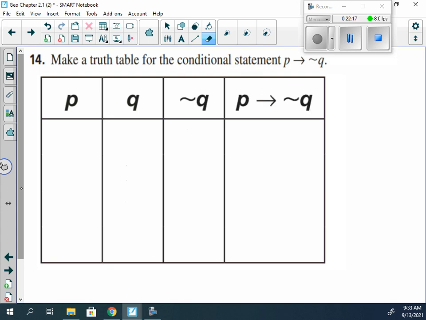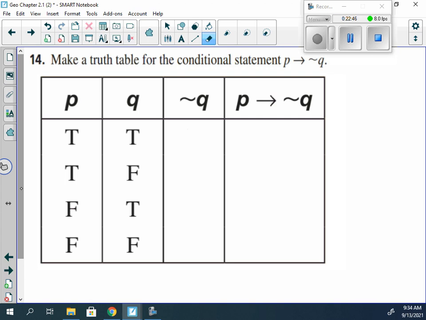So we'll have P, Q, and not Q. And then P implies not Q. Well, the four values we'd have for P are true, true, false, false. Because it's easy to list those out. Q, true, false, true, false. Because we do have it set up so we have true and true, true and false, false and true, and false and false.